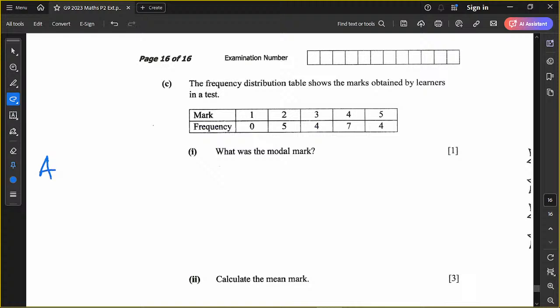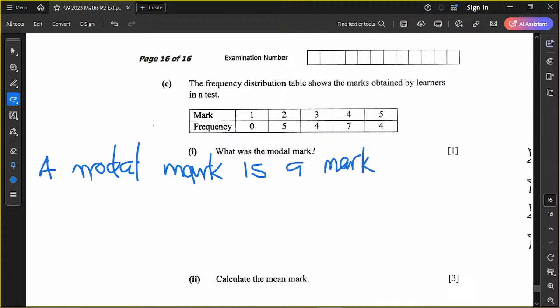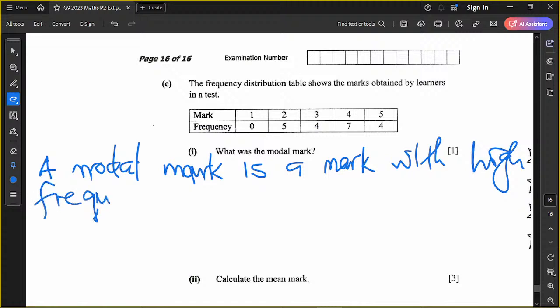A modal mark is a mark with high frequency. In other words, it is a mark that is appearing most, or the mark that was obtained by many pupils.